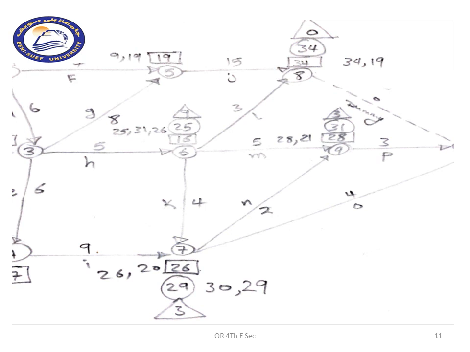This will lead us to node number 6. Node number 6 is receiving times from L, M, and K. So we will deduct 34 minus 3 and 31 minus 5 and 29 minus 4. This will give us 25, 31, and 26.